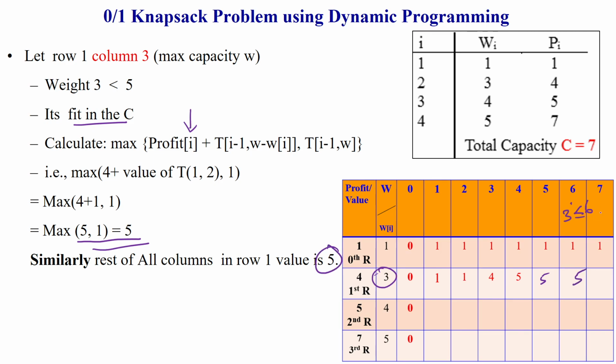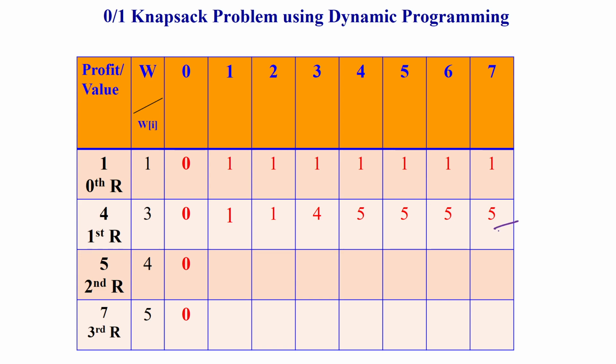Then the seventh column: 3 is less than or equal to 7, so it is possible to select the item. Here also, applying the formula, you get 5. Based upon that, we filled the second row.